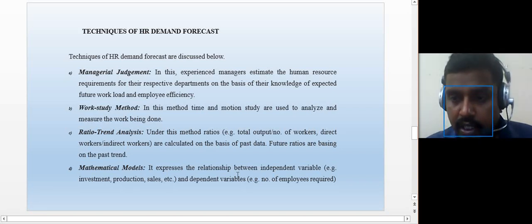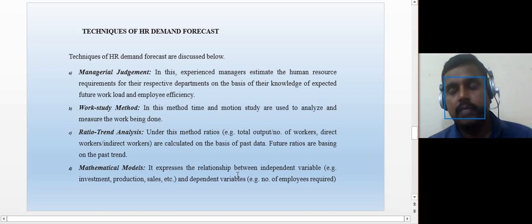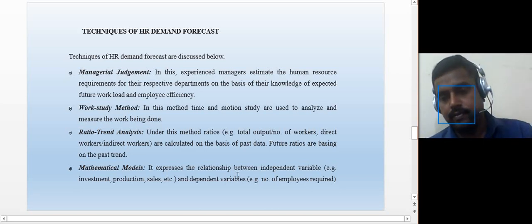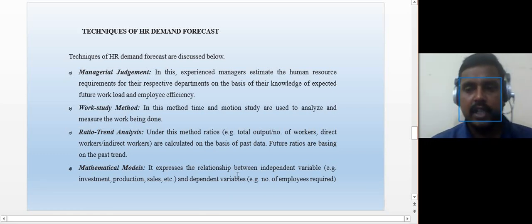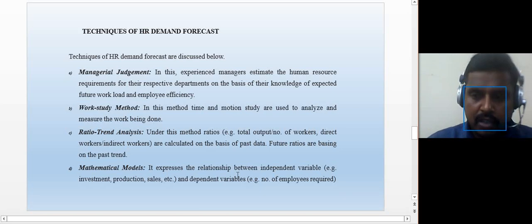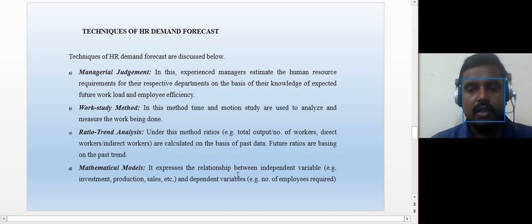As the head of a particular department, I must know my team, the team's effective results, the team's attainment level, and each individual employee's attainment level and everything else. Then only can I give the future workload as well as the present requirement. Managerial judgment will be more helpful to predict future forecasting and demand.